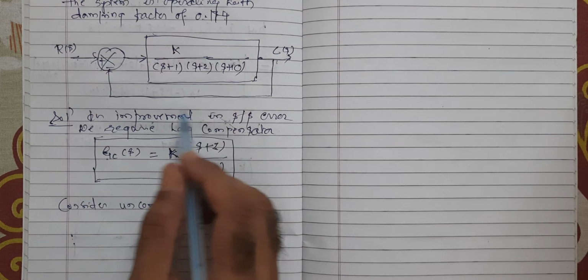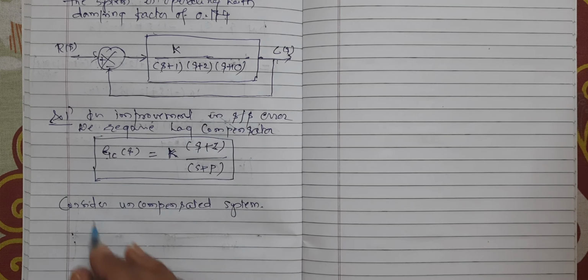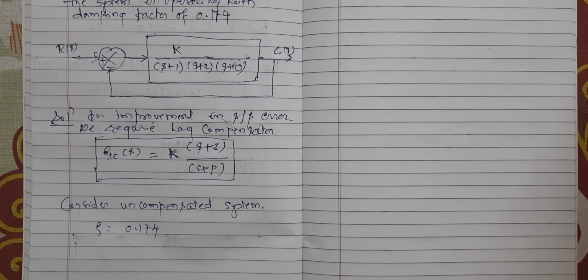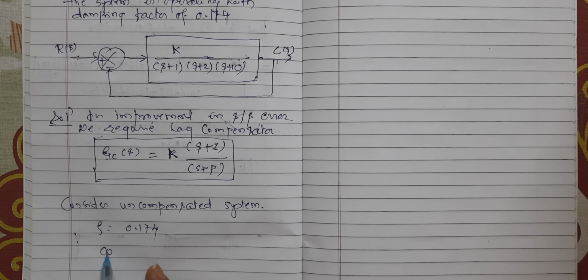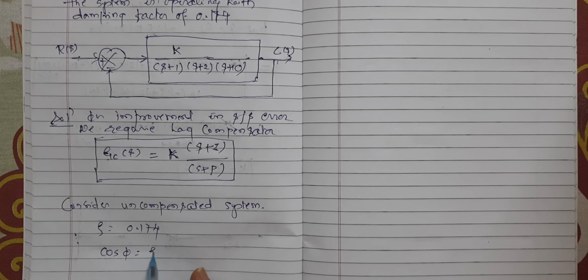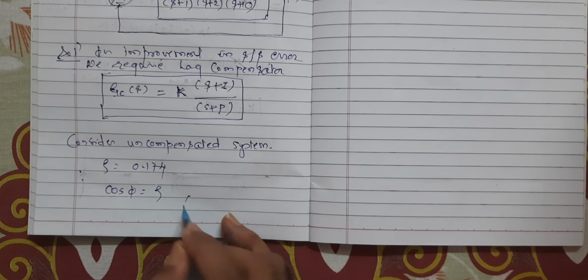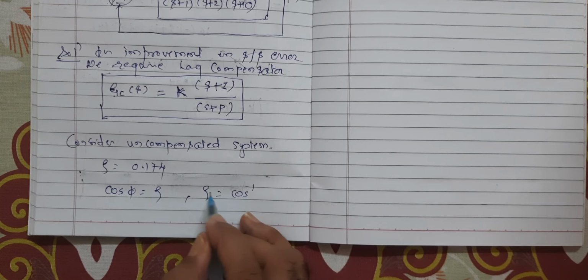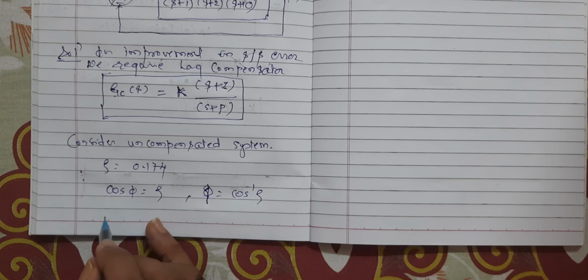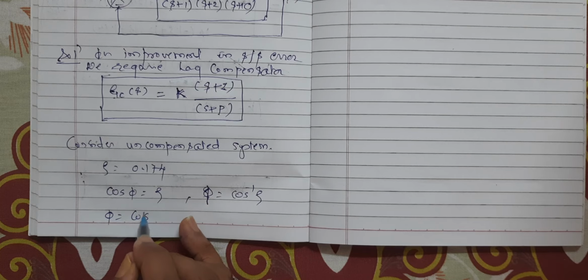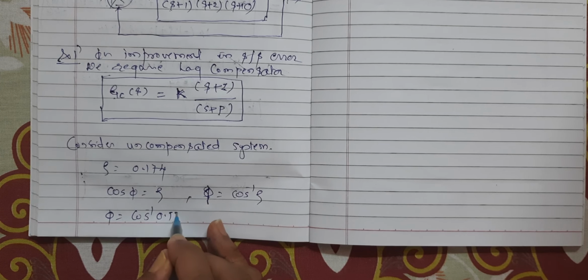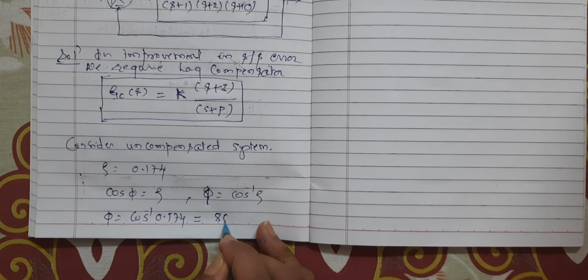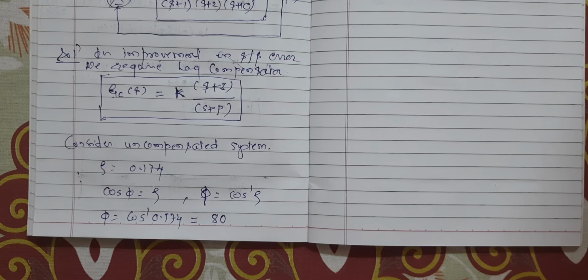Now for this, first we know that zeta is given, it is 0.174. So first we will find out cos phi, it is equal to zeta. So phi is equal to cos inverse of 0.174, and it is coming near about 80.